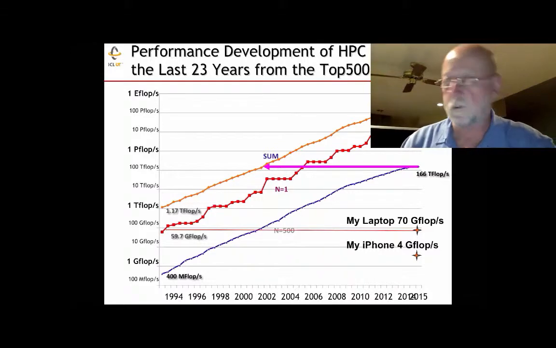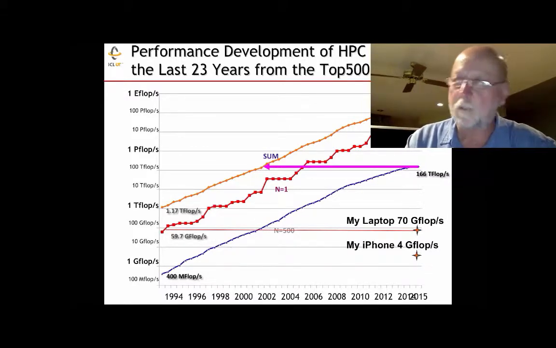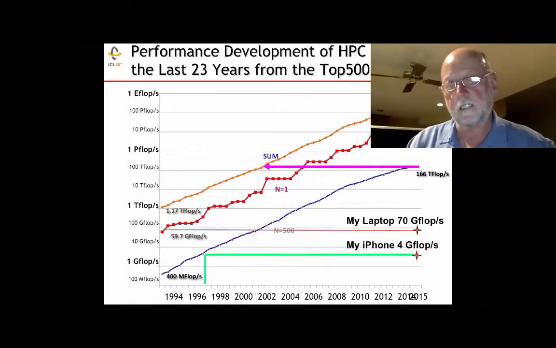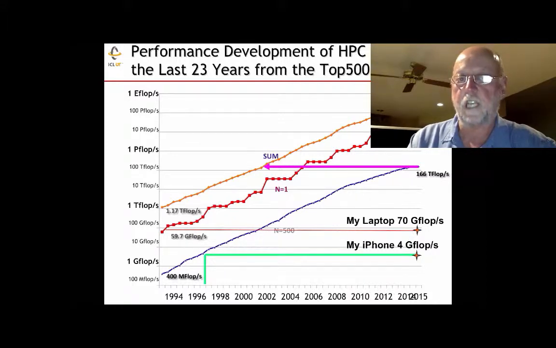My iPhone has a few processors in it, and you can run the Linpack benchmark on your phone. There's an app for that. You can download it, and when you run the benchmark on your phone, you get 4 gigaflops out of it. 4 gigaflops. That's an incredible rate of execution for a device that we carry on our belt. And not too long ago, that would have been one of the fastest computers on the list. So very striking changes in a short period of time have given us devices which are just amazing in terms of computational power.